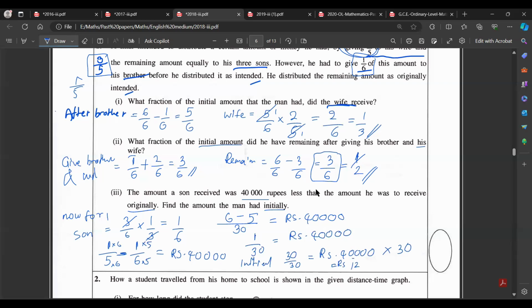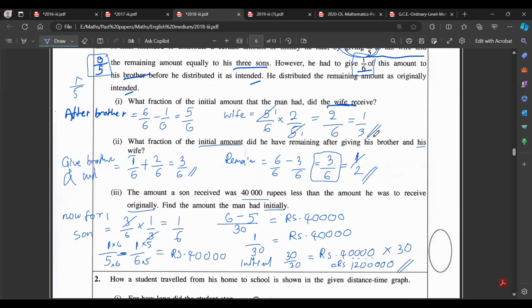How many zeros? 1, 2, 3, 4, 5. You have to consider 12 lakhs. So what is the amount they have distributed? They have distributed 12 lakhs.